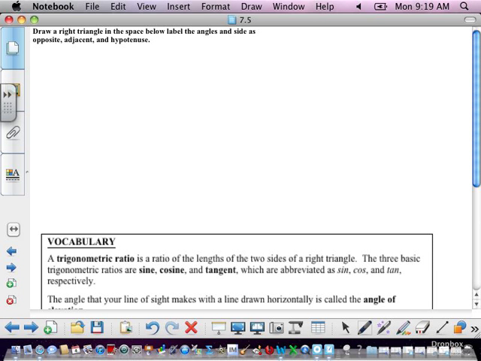And now tell me the side that's opposite from that, the side that's adjacent to that, and the side that's the hypotenuse. You pick one of the acute angles, and then you tell me what side is adjacent to it, what side is opposite it, and what side is the hypotenuse.